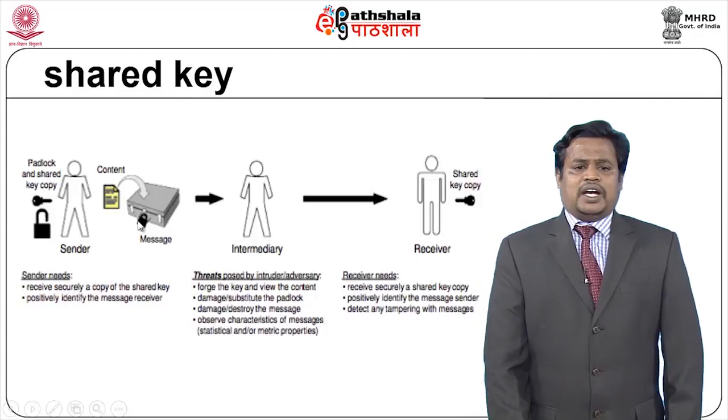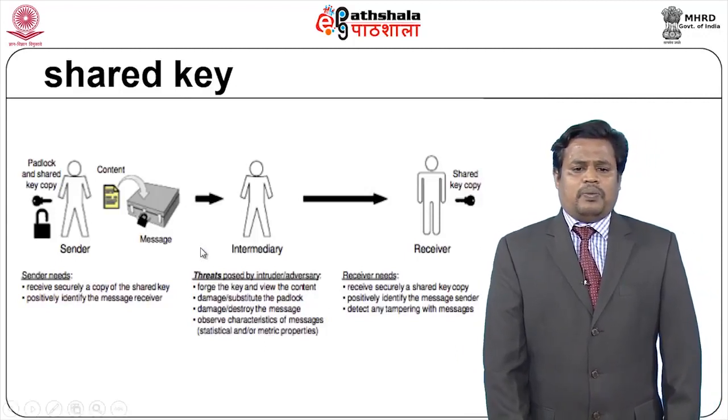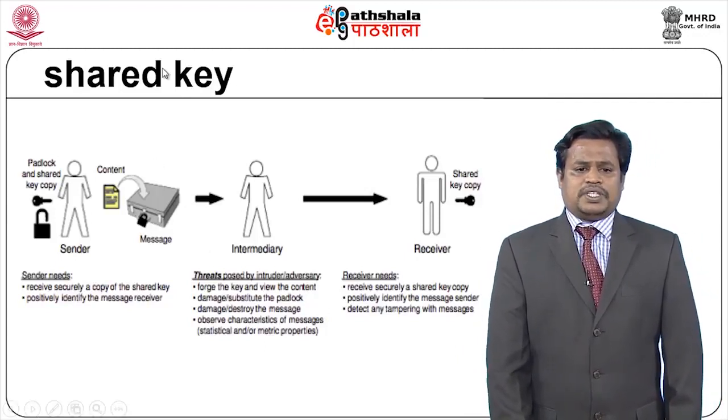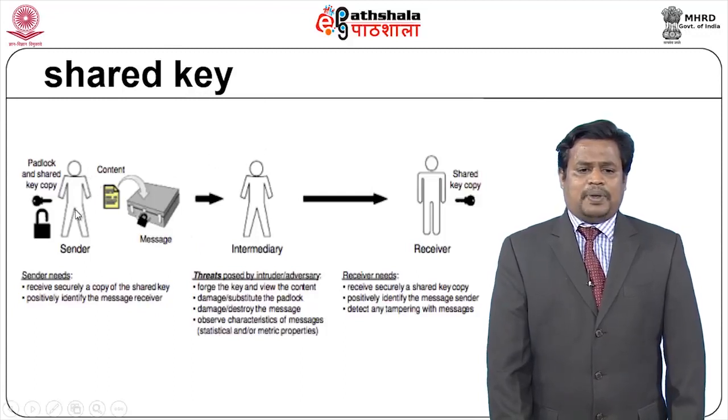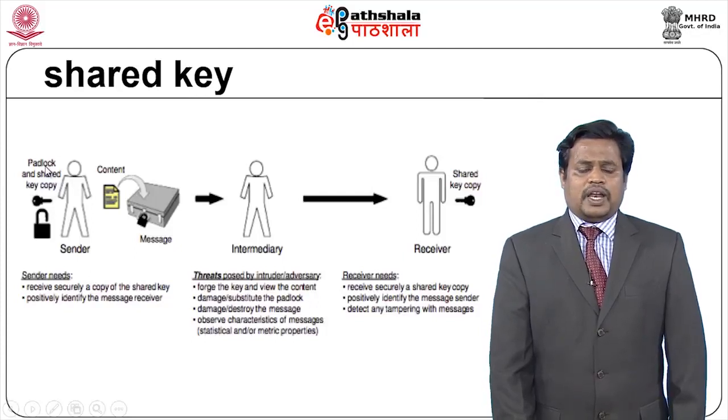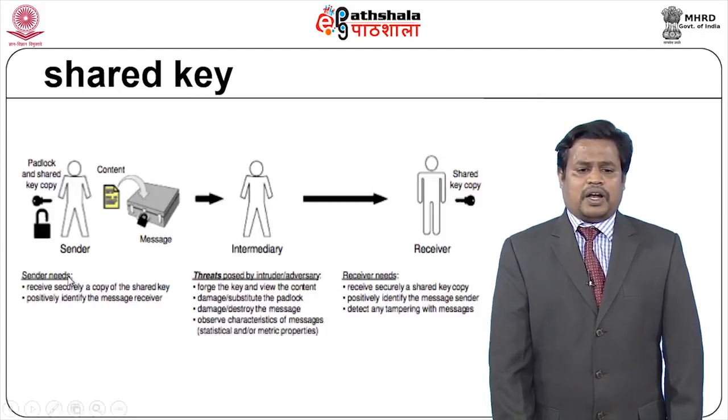Now, based on the shared key, as we know, when a person wants to send a message, they definitely need a key. This example explains the shared key mechanism. In this mechanism, a sender wants to send particular information content in a briefcase. This briefcase carries the content, and it is an analogy to help you understand how the encryption is used.